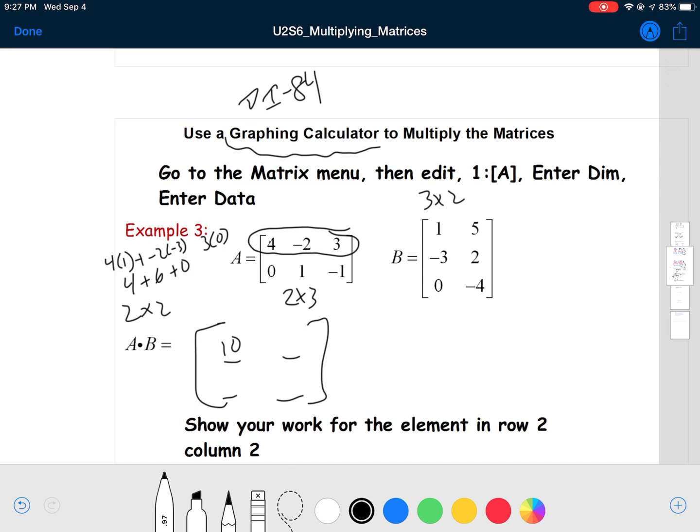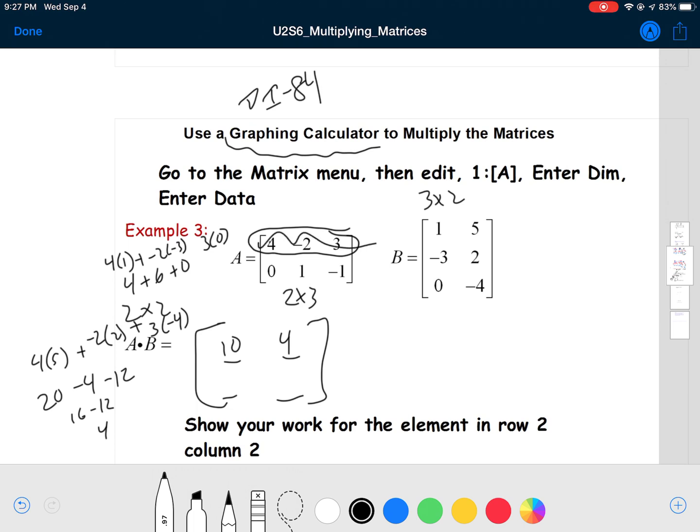So I'm going to go 4 times 5 plus -2 times 2 plus 3 times -4. So 20 minus 4 minus 12. That's going to give me 16 minus 12, 4. Done with that column.